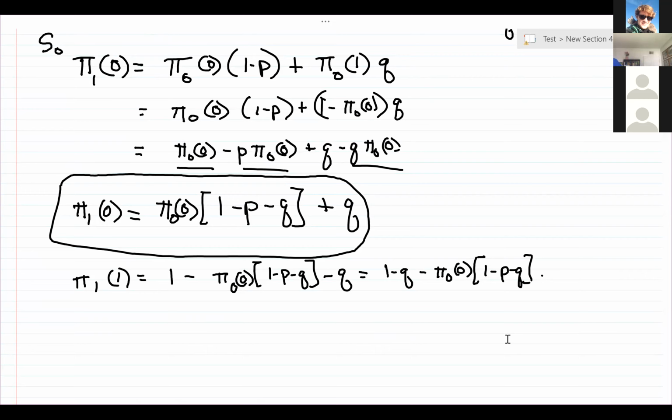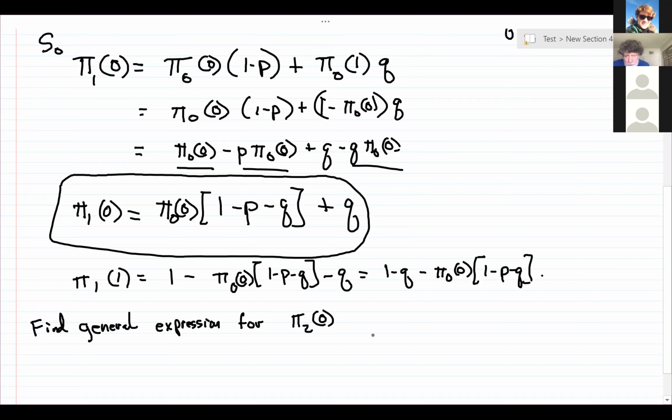So now, let's see if we can do the same thing for pi 2,0. Find a general expression for pi 2,0.